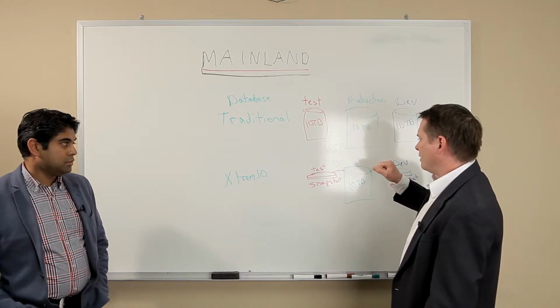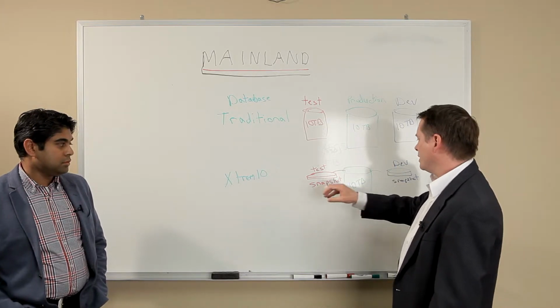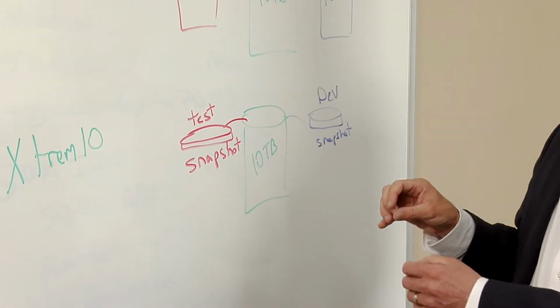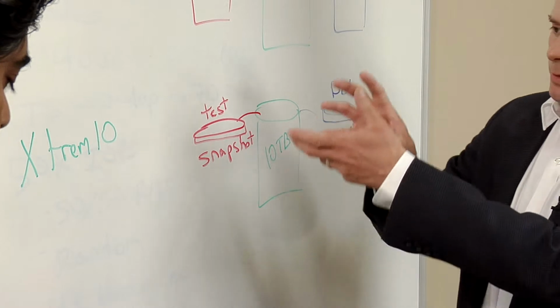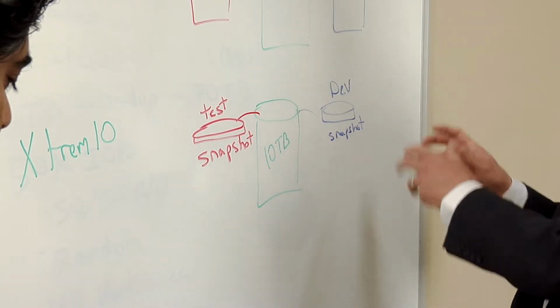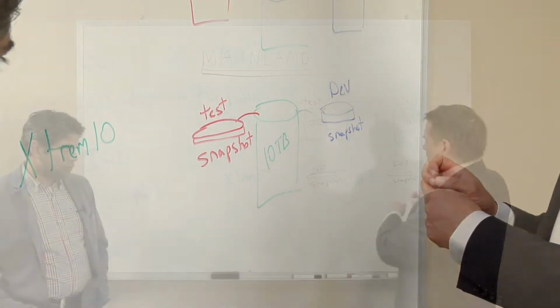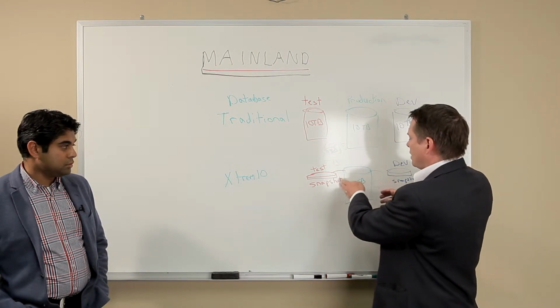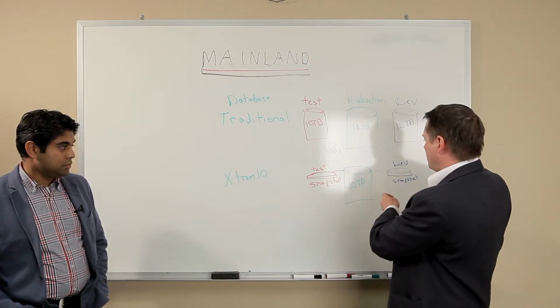When you have an option for XtremIO, you can take this production environment and, without having to recreate new LUNs and offer them to the test servers and new LUNs and offer them to the development servers, you can actually just provision a snapshot of this to test and a snapshot to development.